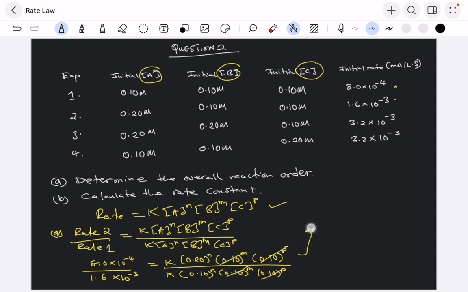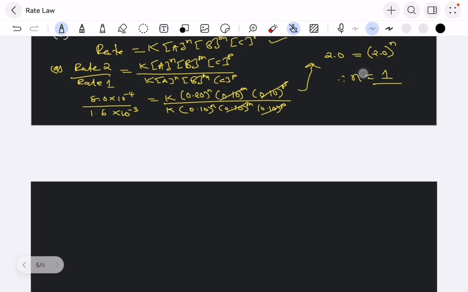So when we do the math, this gives us a 2.0, then this into that 2.0 to the N. So in this case our N is 1. So we know N. Then we'll continue.